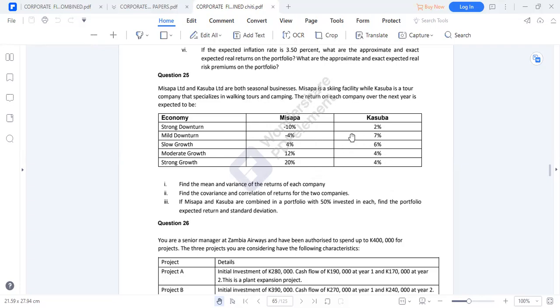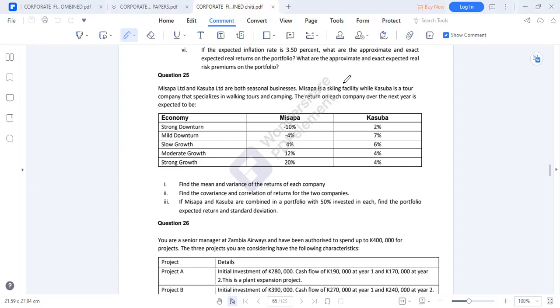To start with, whenever we're not given probabilities, we assume equal probability. So we count the number of states of nature: 1, 2, 3, 4, 5. So in this case, we're going to divide 100 over 5, and we get 20% for each as a probability.